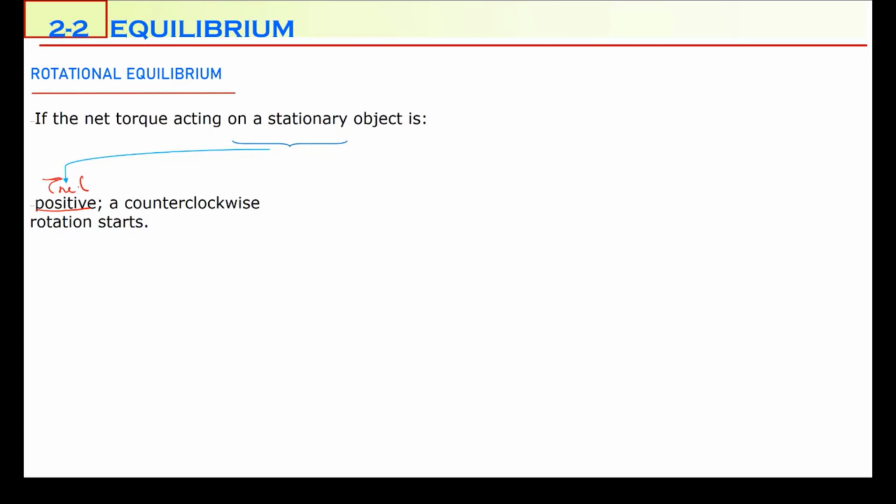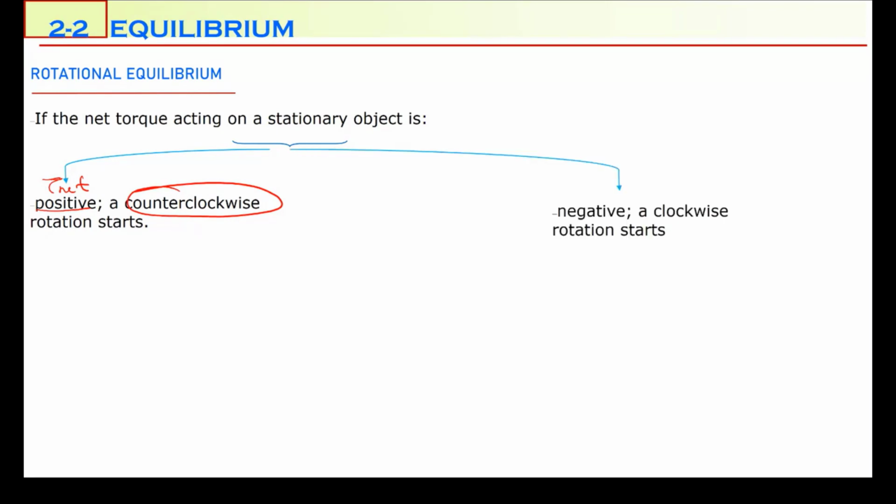Yeah, the object starts to rotate counterclockwise. Positive net torque, counterclockwise. What about negative net torque? Clockwise. Yeah, we learned that. Negative net torque, clockwise. What about zero net torque? It doesn't move.